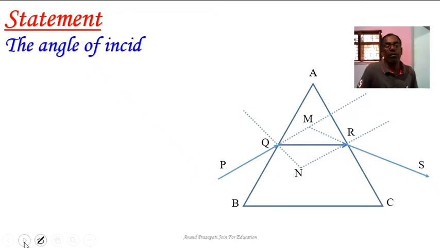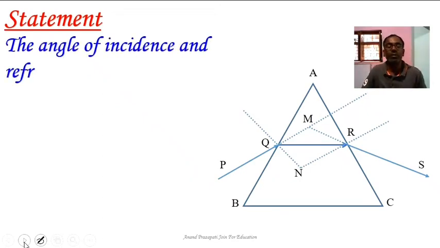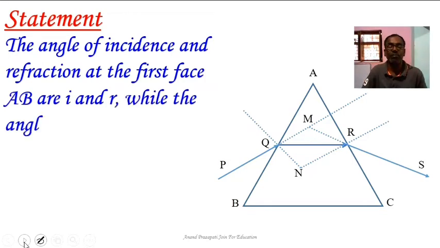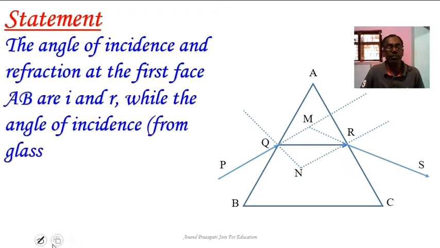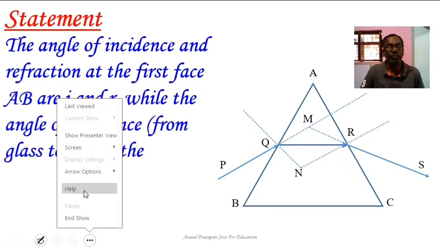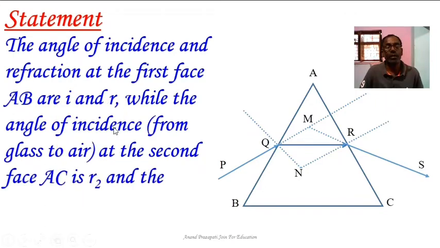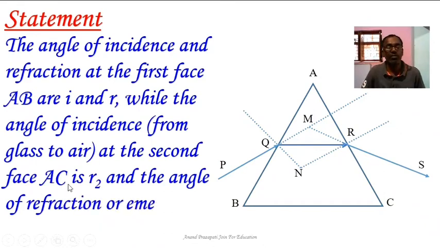The angles of incidence and refraction at the first face AB are i and r1, while the angle of incidence from glass to air at the second face AC is r2, and the angle of refraction or emergence is e.